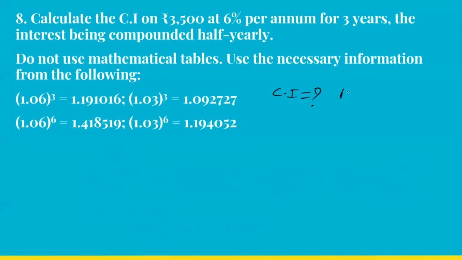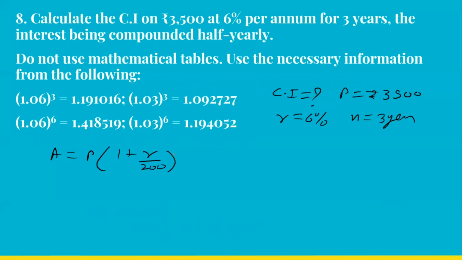The principal is given as rupees 3,500. The rate of interest is 6% per annum and the period here is 3 years. So let us use the formula. We have A is equal to P in bracket 1 plus R upon 200 raised to 2n. Now let us put the values.